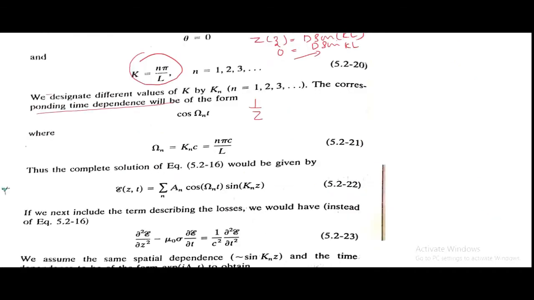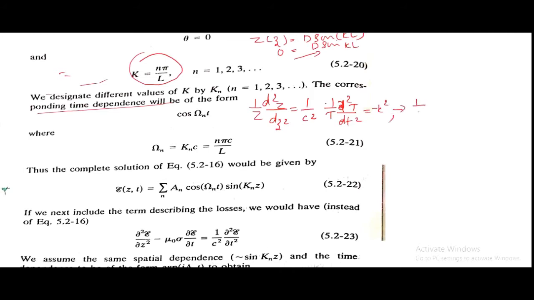The corresponding time dependence can be found out by considering the equation which we have already written, which is of the form (1/Z) ∂²Z/∂z² = (1/c²)(1/T) ∂²T/∂t² = -k².